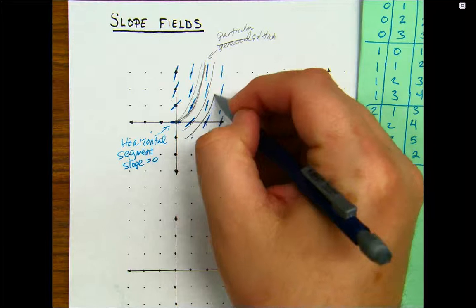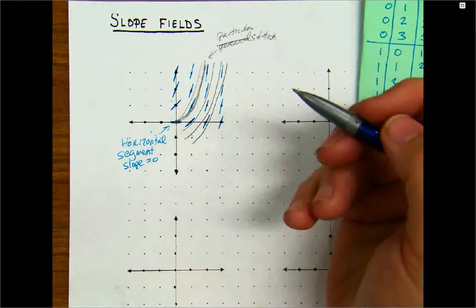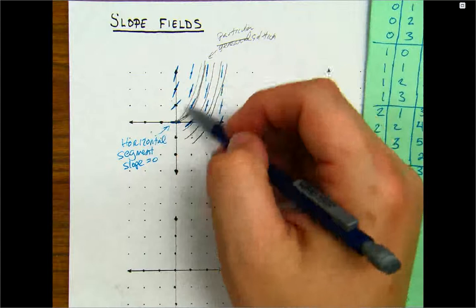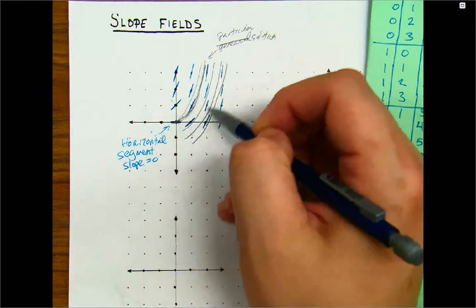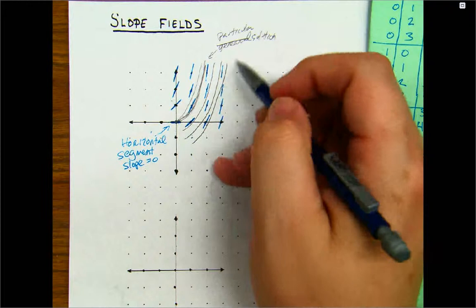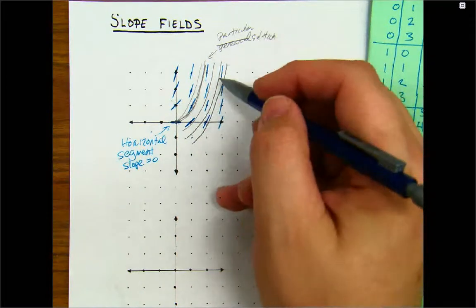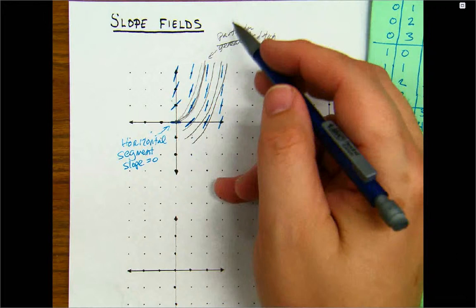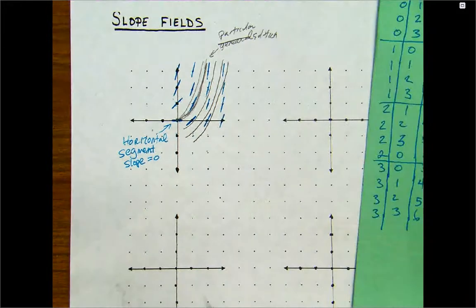So the solutions are all very similar to each other because they're all increasing like this, and eventually they're going to increase to almost being vertical. But with slope fields, what you want to do is create these, and then you can figure out exactly what's happening and draw these.